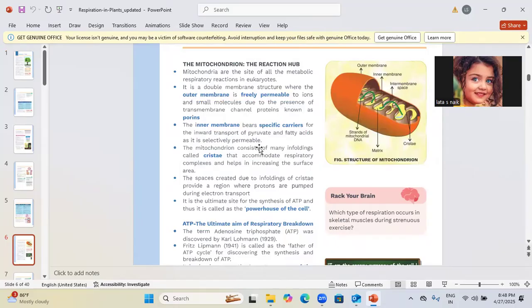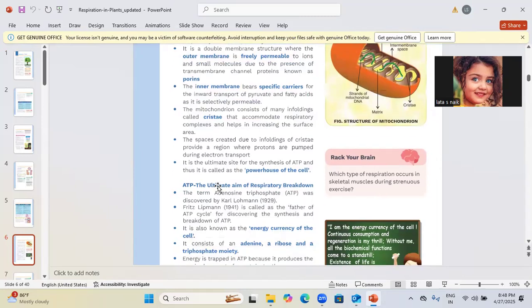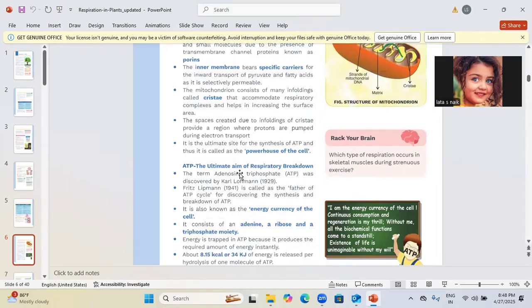The mitochondria consists of many enfoldings called cristae that accommodate respiratory complexes and help in increasing the surface area. The spaces created due to infoldings of cristae provide a region where protons are pumped during electron transport. This is the ultimate site for the synthesis of ATP, and thus it is called the powerhouse of the cell.